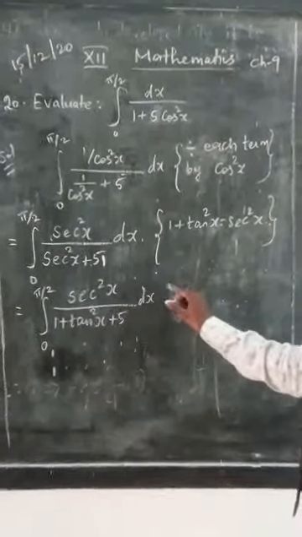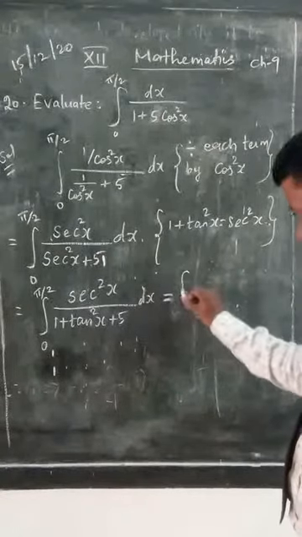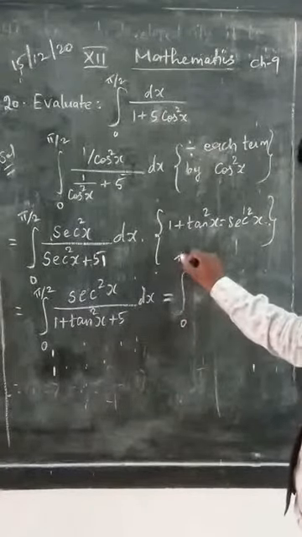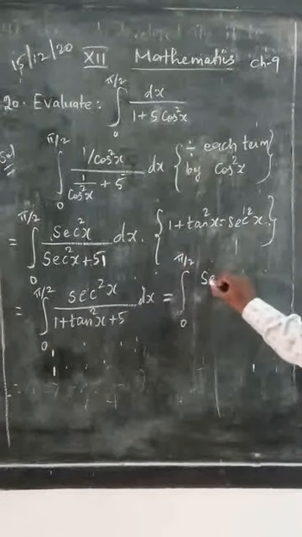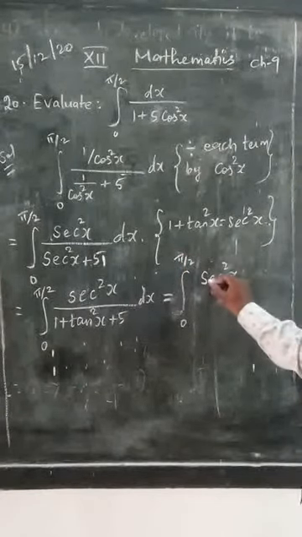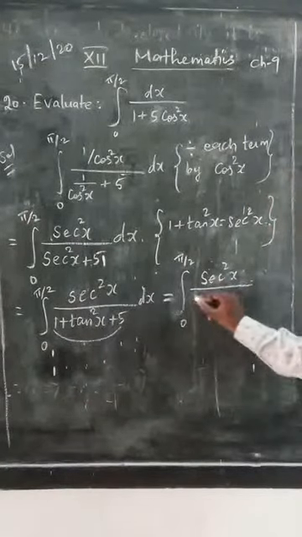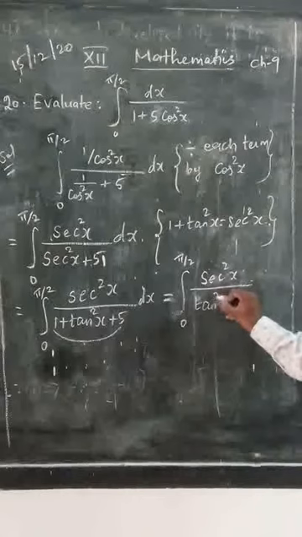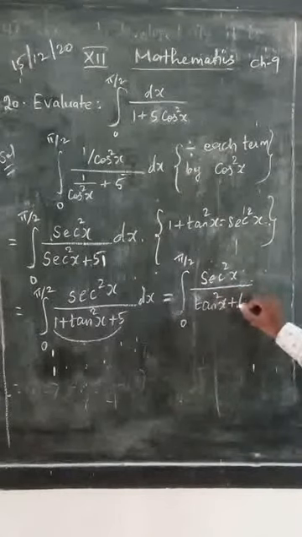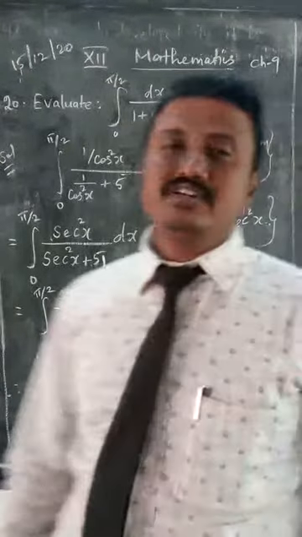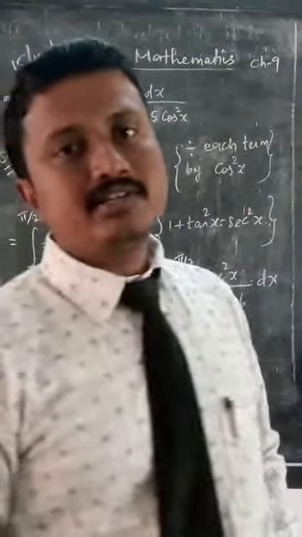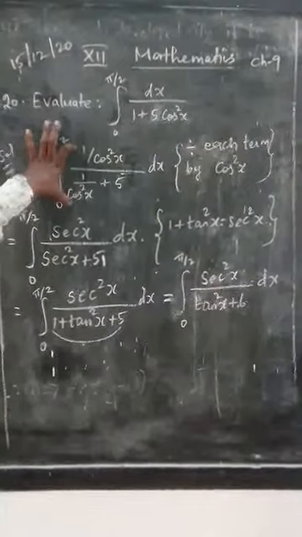Now, this is equal to, again, integral 0 to pi by 2. This can be written as secant square x divided by tan square x plus 6 into dx. So what we did, first we divided all the terms by cos square x, so that we got this step.